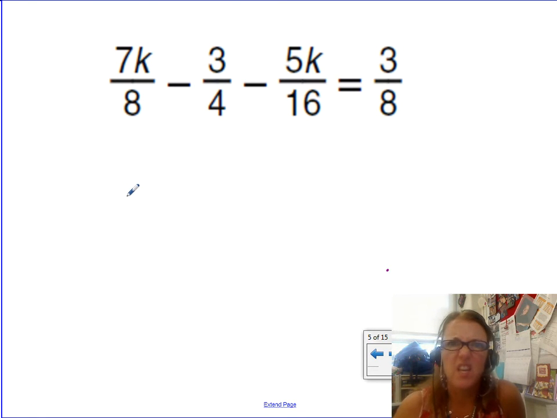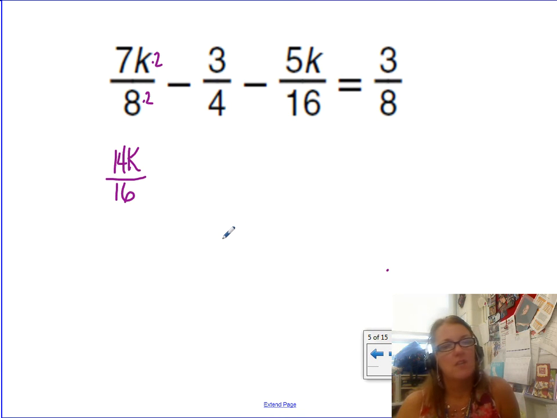It's 16. Yay! So I want to turn this first term into 16ths. To get there, I'd have to multiply by 2. So do that in both the numerator and the denominator. 14k over 16, because that is equivalent to 7k over 8.